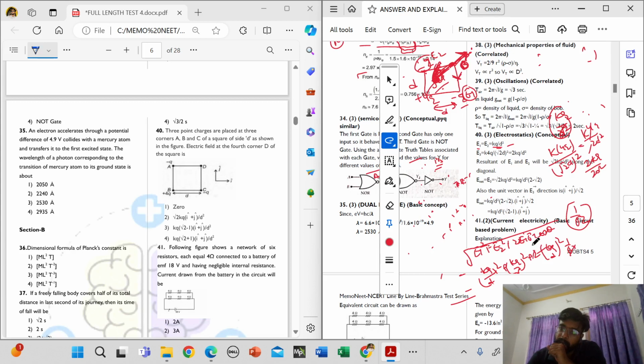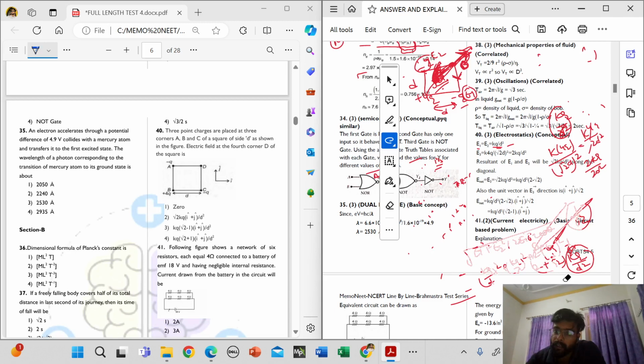We get root of (2 plus root 2) KQ upon D square. Then we know that this is outward direction and this is inward direction, so we will have to subtract these two electric fields. Then we will get the resultant total electric field.